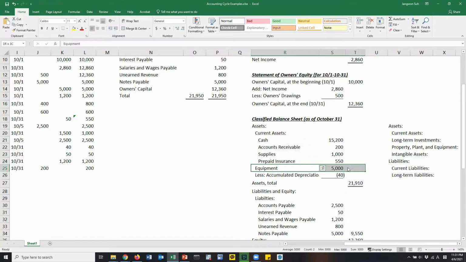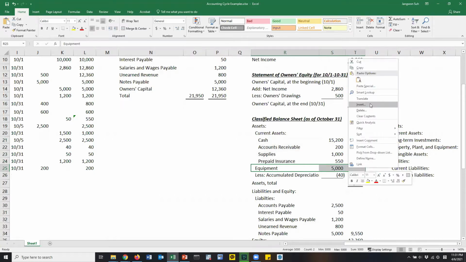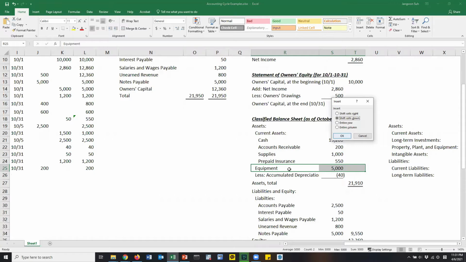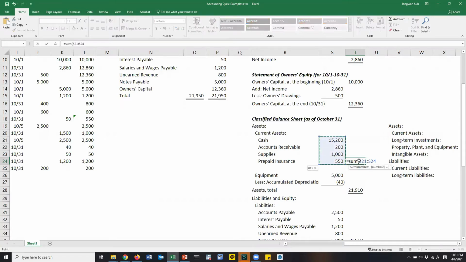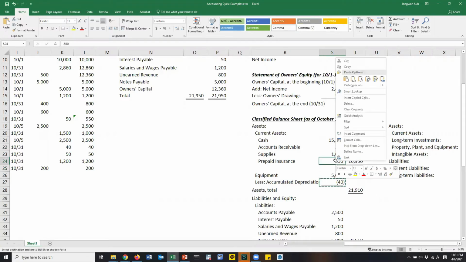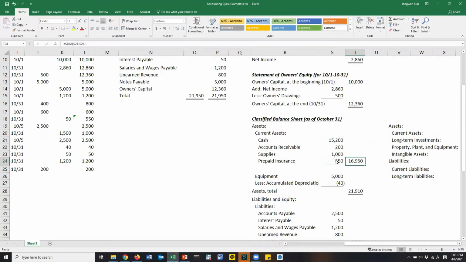And then you make a subtotal for them, so that you make it clear that, yes, this is the total current assets.